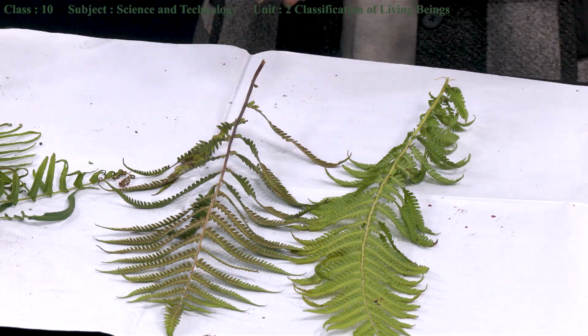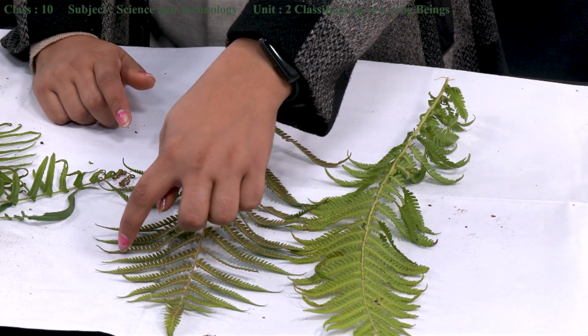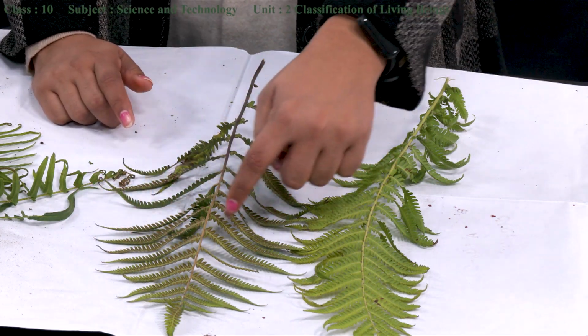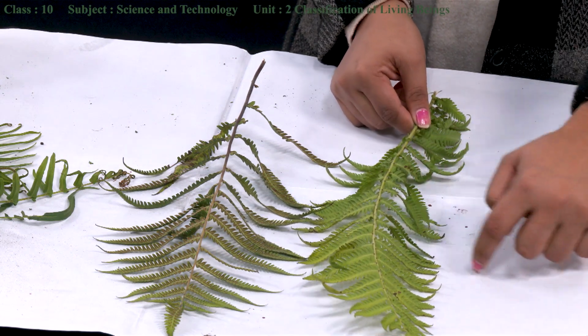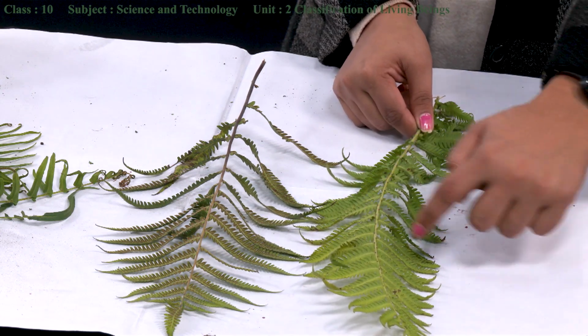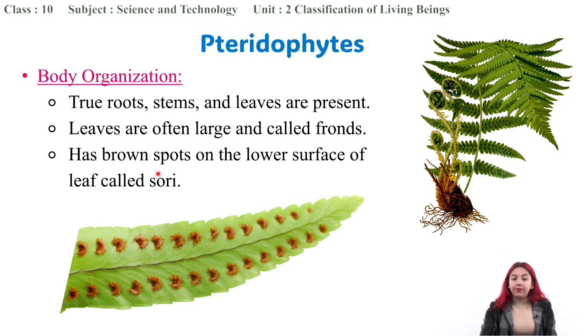So the leaf that has the presence of sori is known as sporophyll, whereas the leaf that does not have any sori is known as trophophyll. As I just showed you in the figure, these pteridophytes have brown spots on the lower surface of the leaves which are called sori, and this sori, singular it is known as sorus, and inside sorus there are spores present in them.